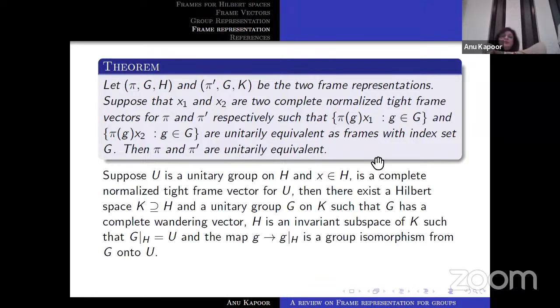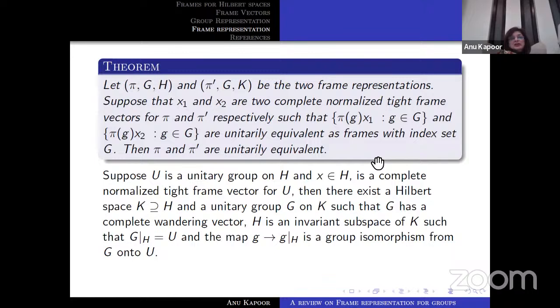Now, we know, as far as frames are concerned, that every normalized tight frame can be extended to an orthonormal basis, and every other frame can be extended to a Riesz basis. On the same line, suppose U is a unitary group on H and x belongs to H is a complete normalized tight frame vector for U, then there exists a Hilbert space K containing H and a unitary group G on K such that G has a complete wandering vector.